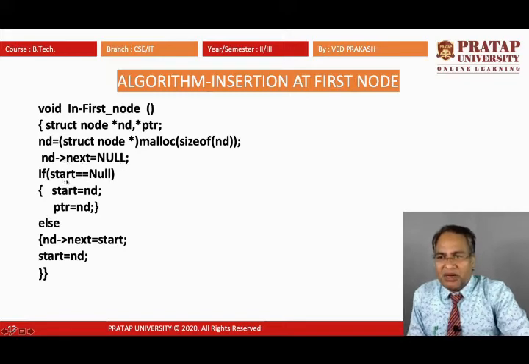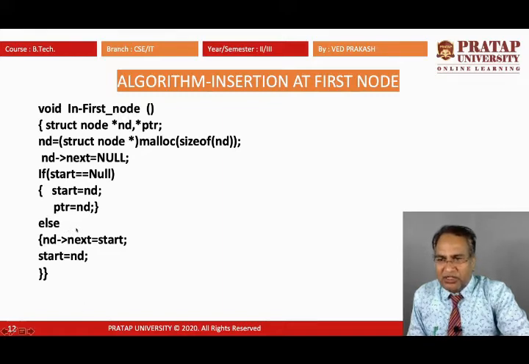If start is not equal to null, in such conditions our new node is created, start is set with the new node, and PTR is also set with the newly created node. Otherwise, it means there exists more than one node.